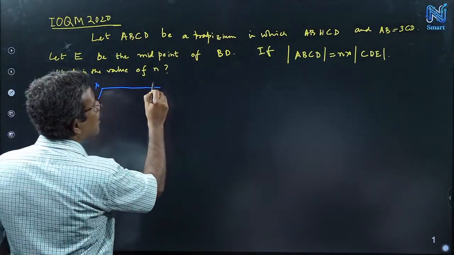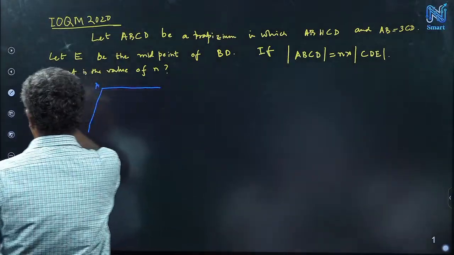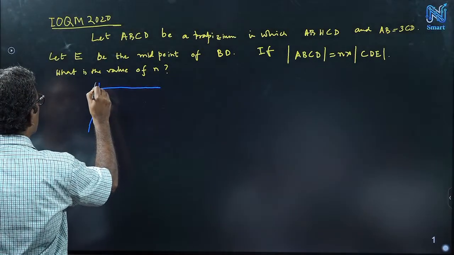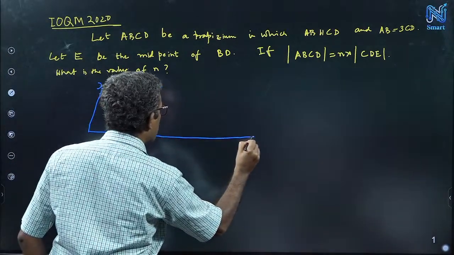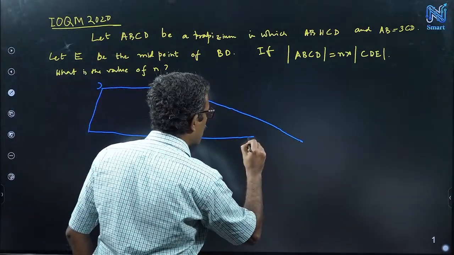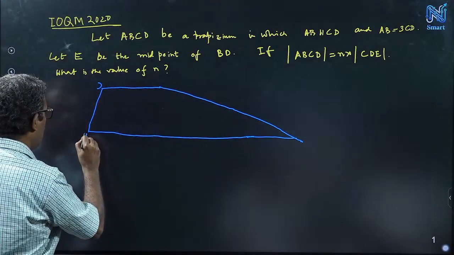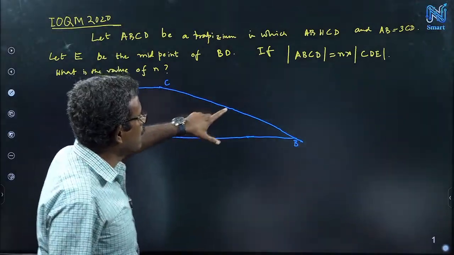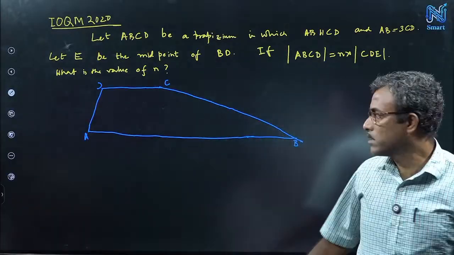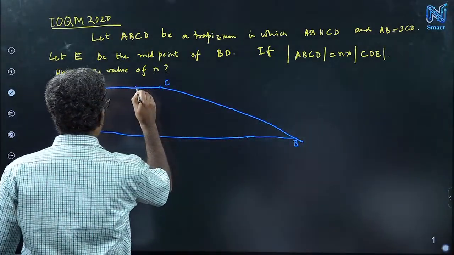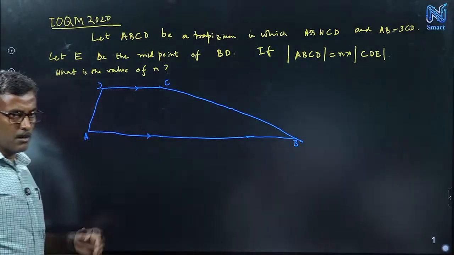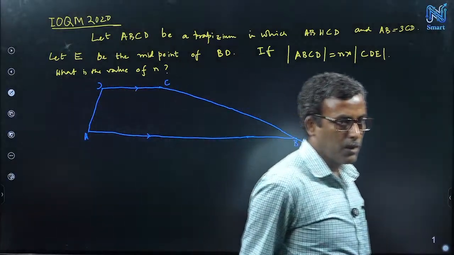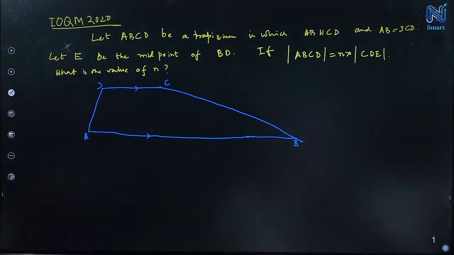So, this is AB, this is C. It's 3 times CD, so this AB is bigger and AB is parallel to CD. This symbol is for parallel, right? Two lines are parallel, like this one arrow or sometimes 2 arrows.